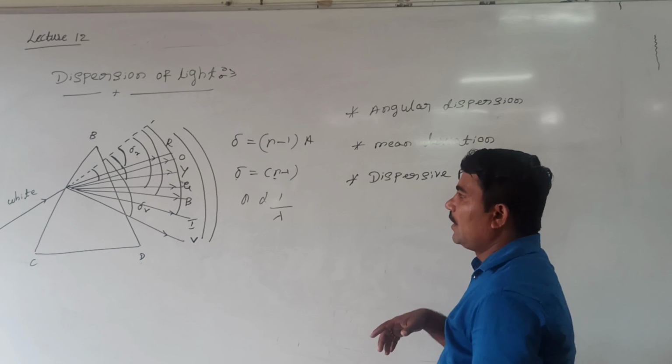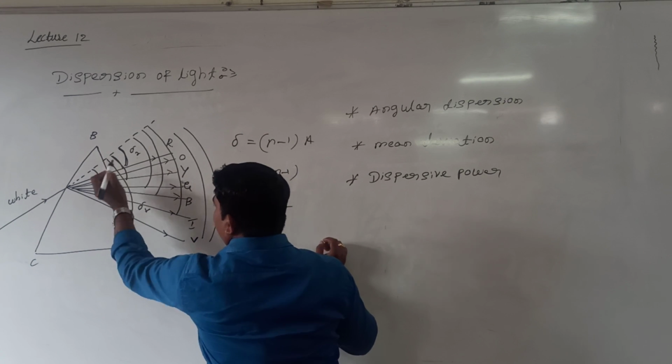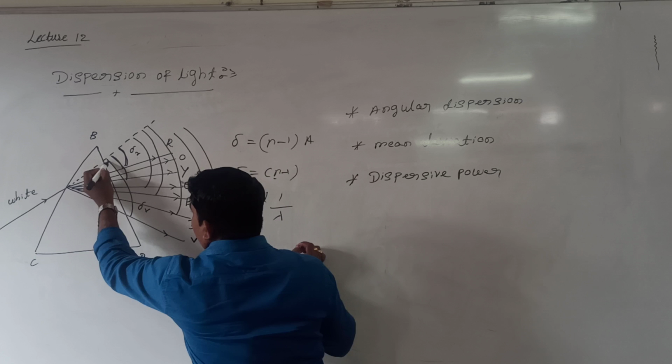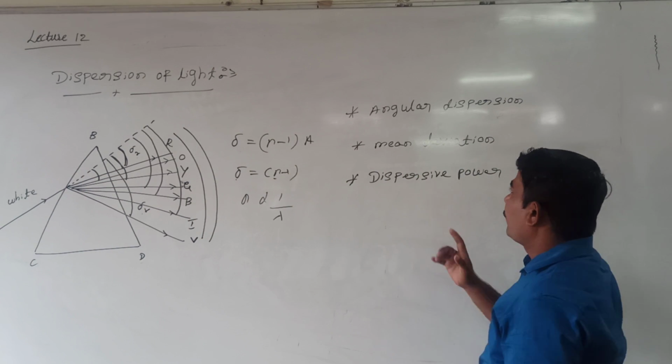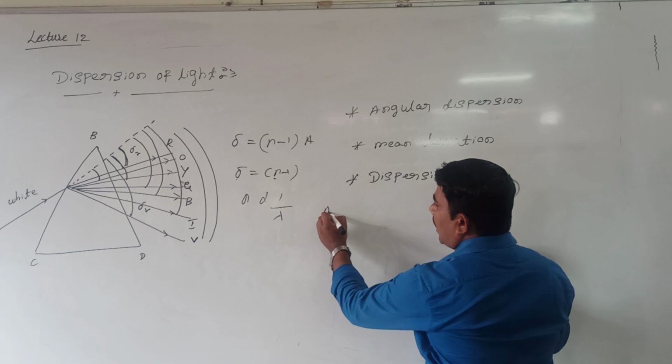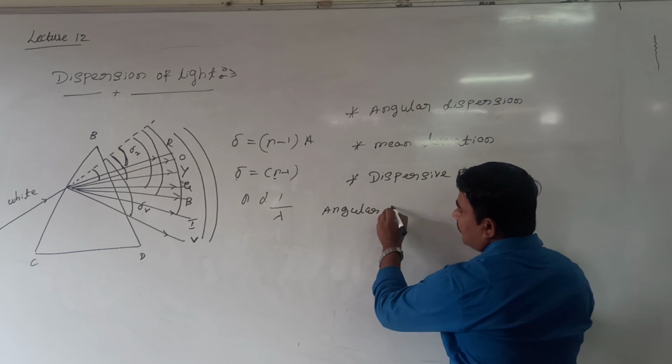For example, for red color, del R is the angle of deviation. For violet color, del V is the angle of deviation.